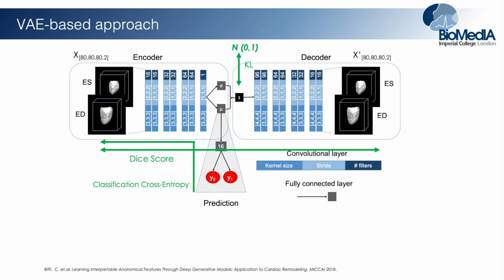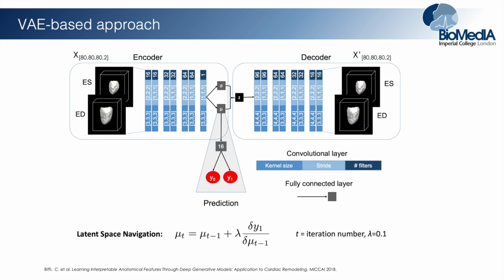Once we train this, one benefit of having attached the multi-layer perceptron to this latent space is that we can exploit the gradient that we get from the multi-layer perceptron to navigate the latent space. In particular, what I want to do is to take a healthy segmentation, project it to this latent space, get its mean latent representation mu, and then update it along the direction that maximizes its probability to be classified as pathological.